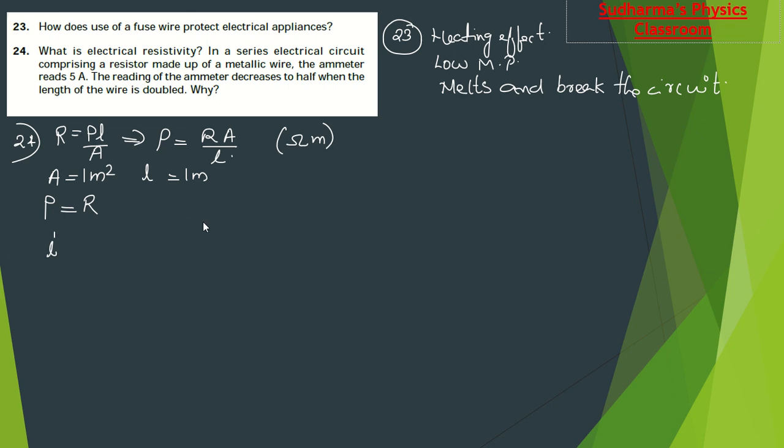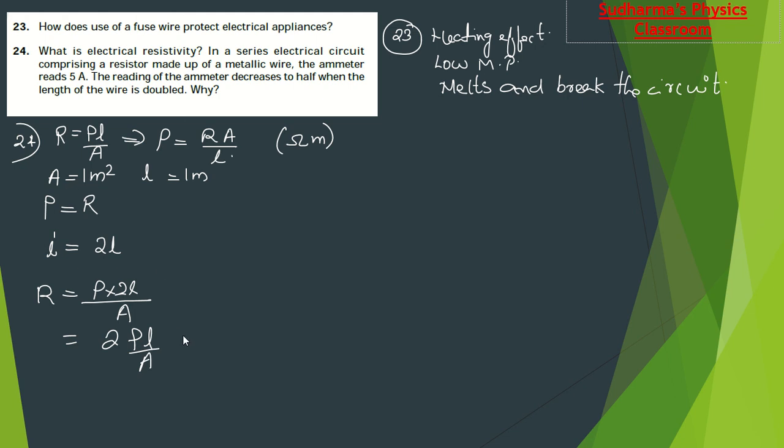Here we know that length and resistance are directly proportional. Length is increasing, so what happens to the resistance? R will be equal to rho into 2L divided by A, which is 2 times rho L divided by A.